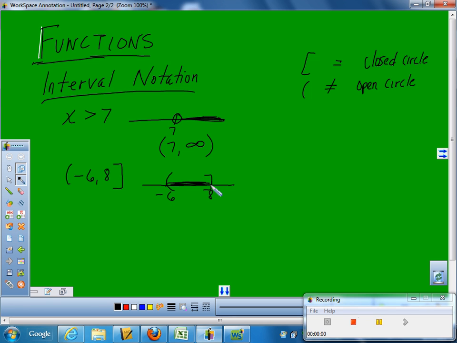In less than greater than notation, how did you write that a set of numbers fell between -6 and 8? Negative 6 is less than x, and x is less than 8.